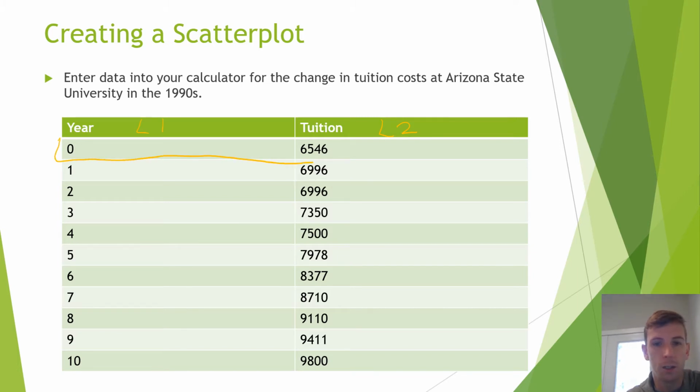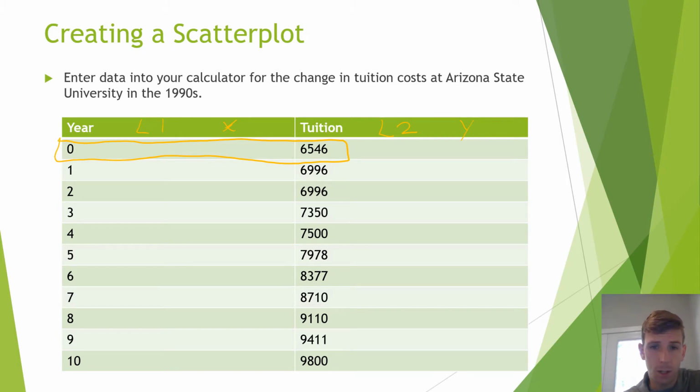So these values go together. Usually you're going to want to enter X first and Y second, just so that it's easier for you and the calculator to keep track. Here, we're looking at change in tuition costs across years. So the year is definitely going to be our explanatory variable. We're using that to make predictions about the corresponding tuition.